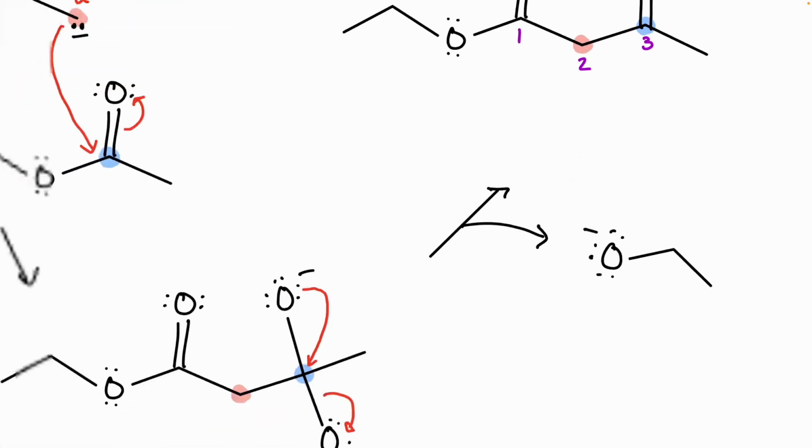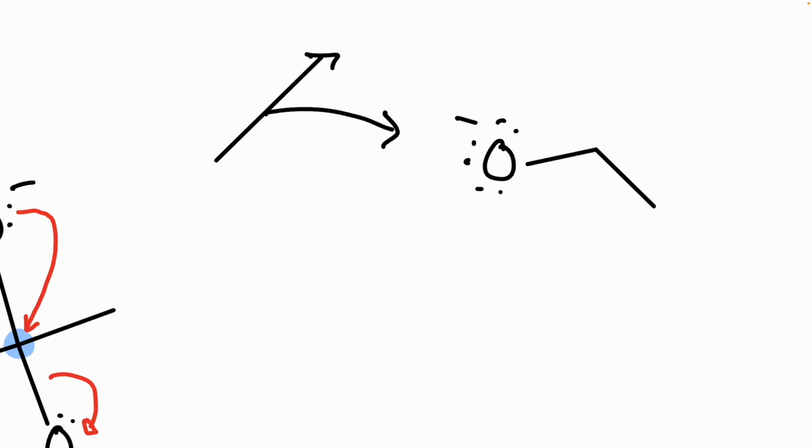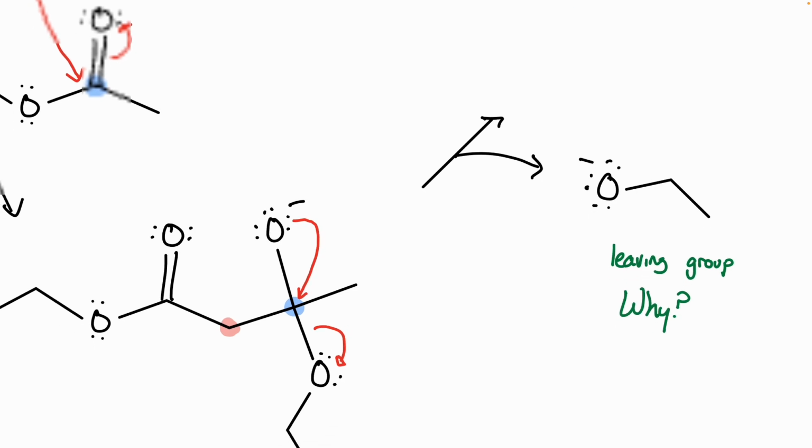All right, same sort of idea. Let's talk about this thing for a second here. We said that this was our leaving group. But why? We made a big stink in that alcohols chapter about how those hydroxyl groups aren't good leaving groups, right?